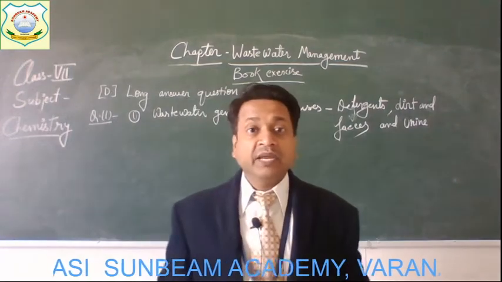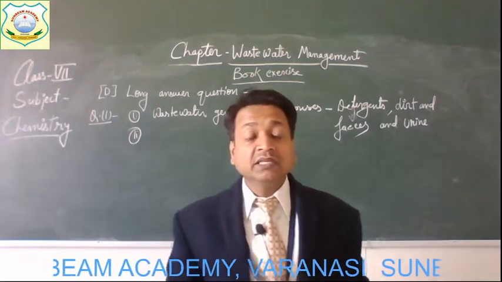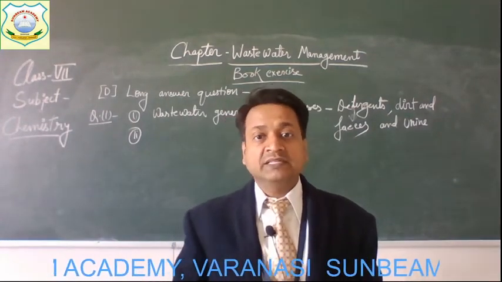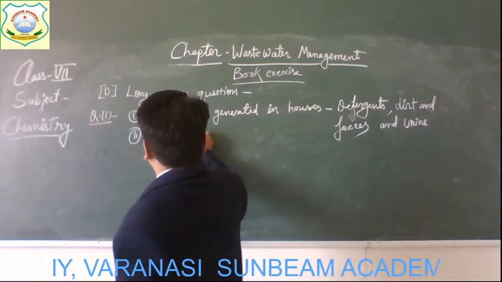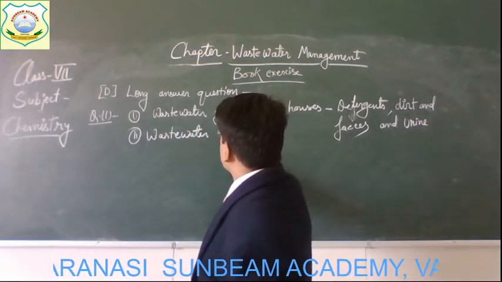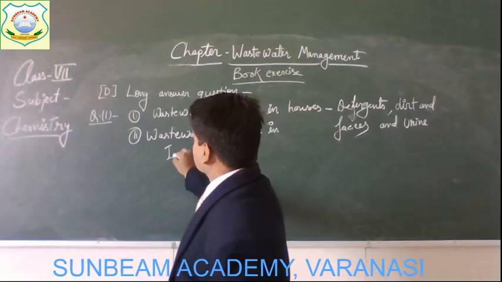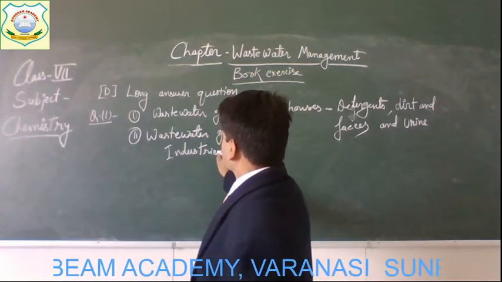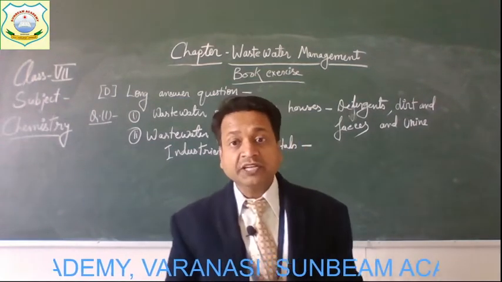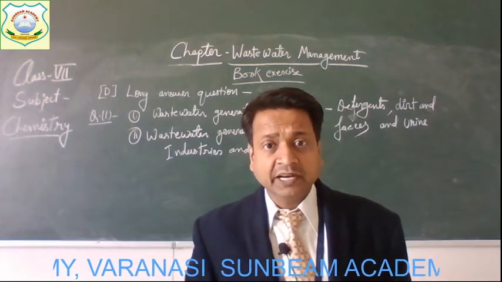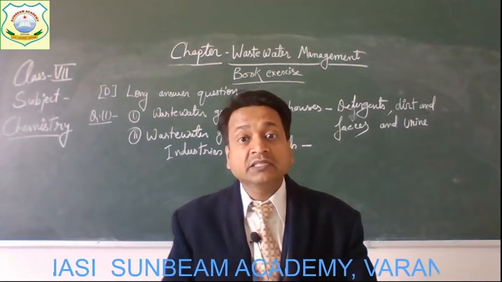Now the second way in which the wastewater is generated is industries and hospitals. The wastewater generated in industries and hospitals contains materials like poisonous chemicals.